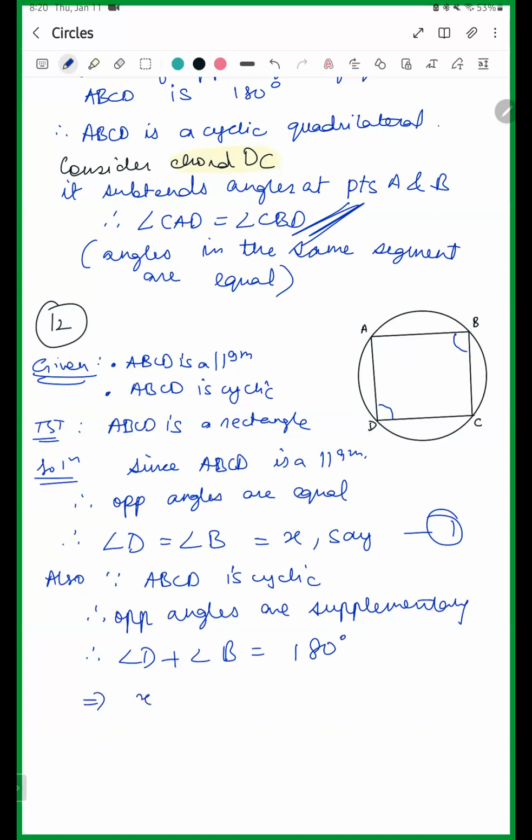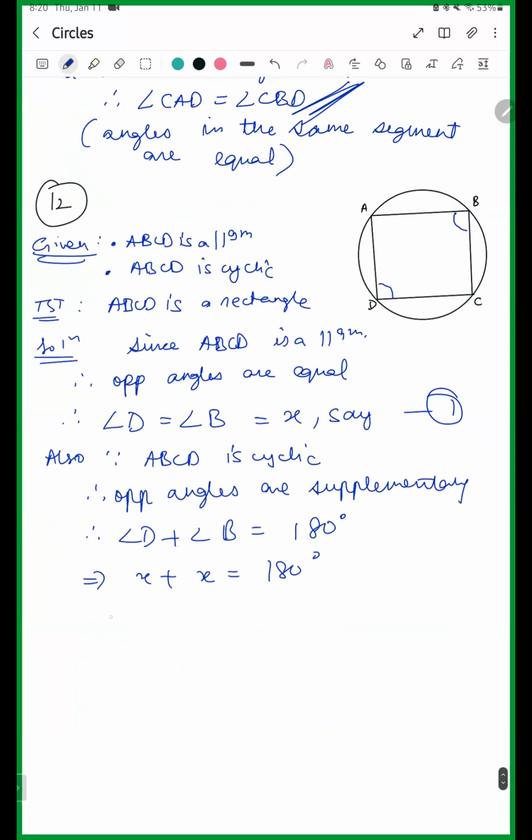That implies X plus X is equal to 180 degrees because D and B are X, right? That means 2X is equal to 180 degrees. X is equal to 90 degrees. So that means ABCD is a rectangle.